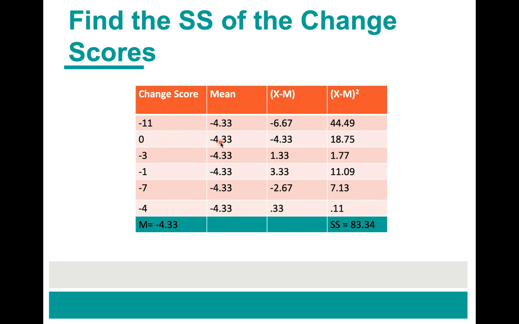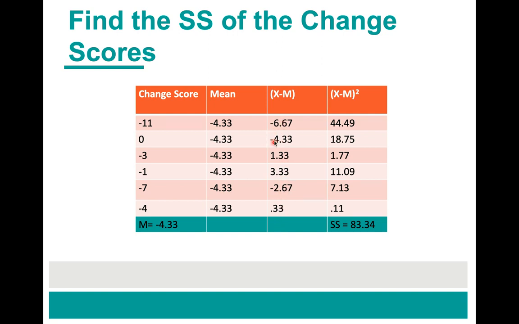0 minus negative 4.33 should actually be 4.33. Sorry about that. I made a mistake with my calculator. Negative 3 minus negative 4.33, right? We got back on the right track there. So on and so forth, where we get our difference scores for our change scores.